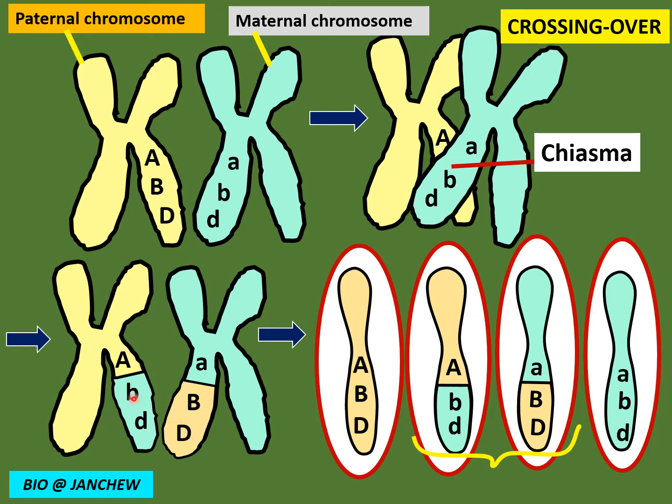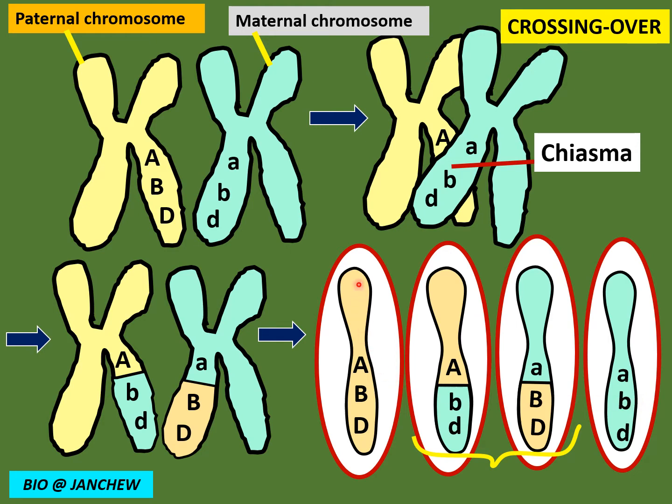So these two are new combinations of genes. Then when meiosis is over, these sister chromatids would have separated from this one, and this one from this one. And they will move to different poles, and they'll be found in different gametes.